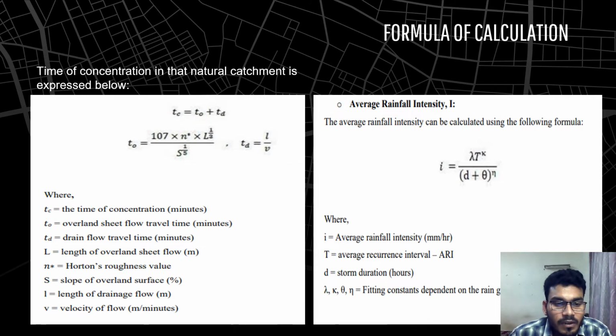The calculation formula for the time of concentration of the natural catchment is expressed below. As you can see, the first equation and some explanation. The next formula is the average rainfall intensity.